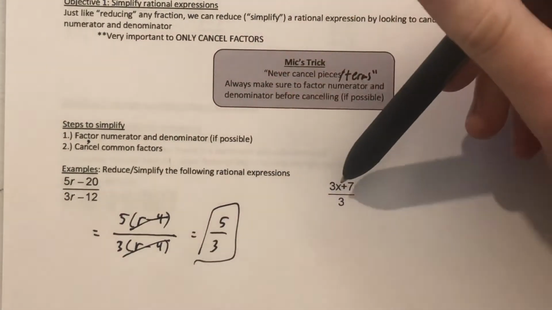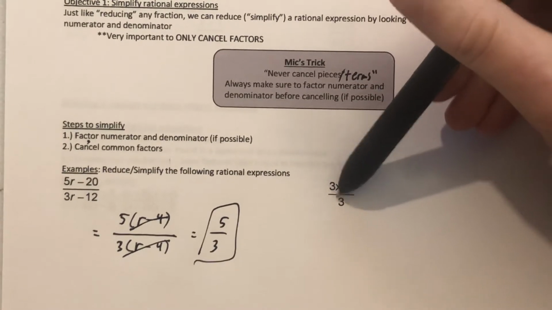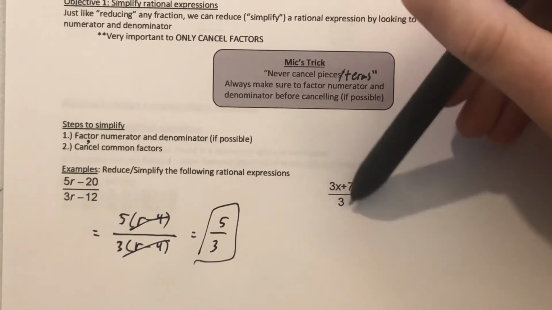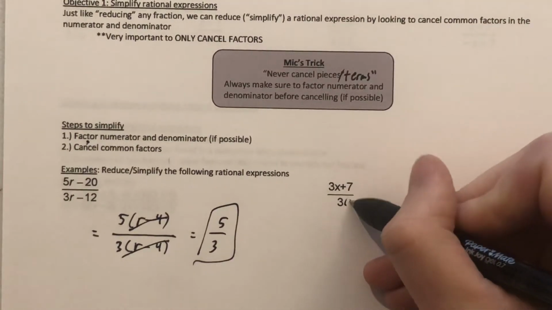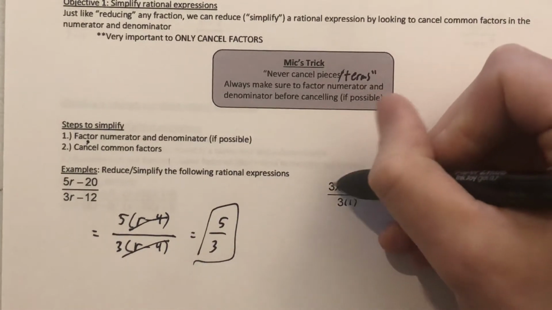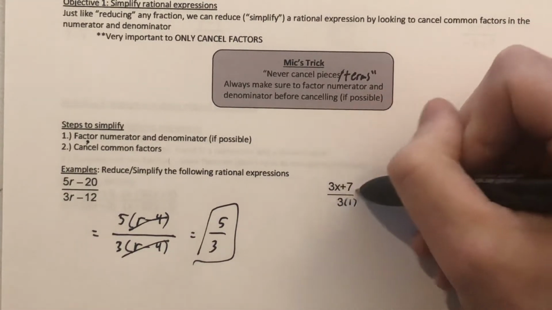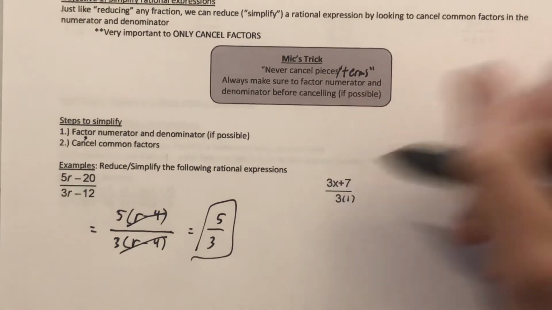Now, to make sure we understand that idea, looking at the next example, we see a 3 in both. And in fact, 3 is the only thing down here. And so in a sense, 3 is a factor down here. You could think of it as 3 times 1 if you really wanted to. But up here, this 3 is only part of a term. And if I look at 3x plus 7, there's nothing I can do to factor that, right? There's no GCF or any other approach.